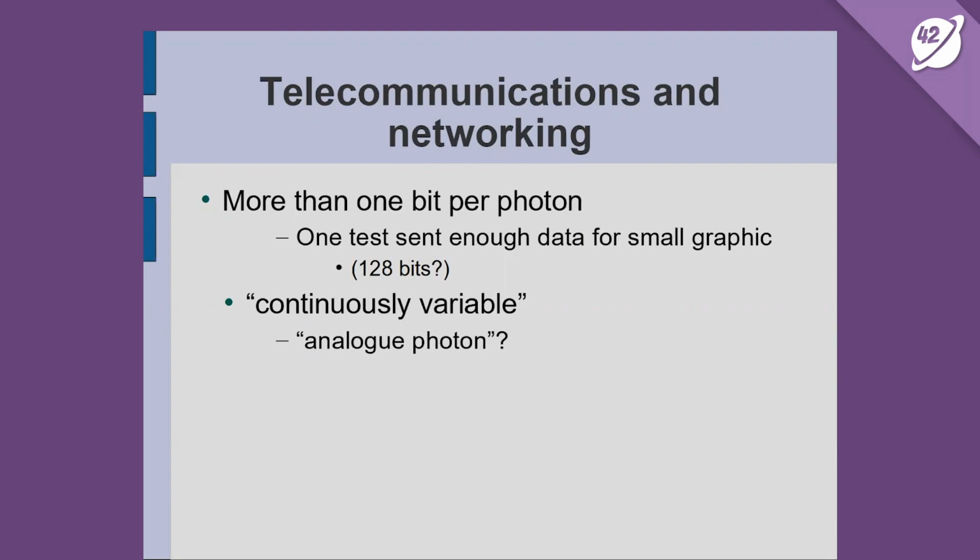So, we have an analog photon, which is really kind of bizarre, because the whole point of quantum computing was that it was defining stepwise states in entities. Being able to send something in an analog situation is kind of mind-blowing.